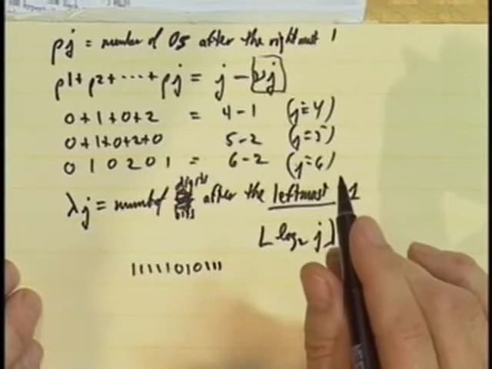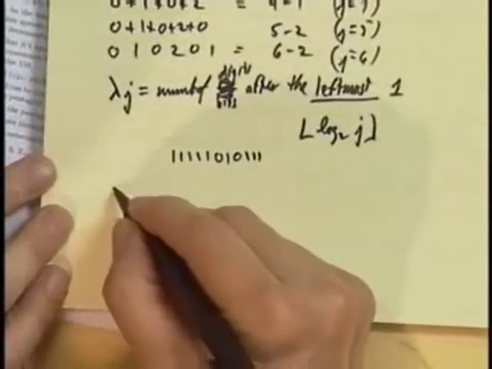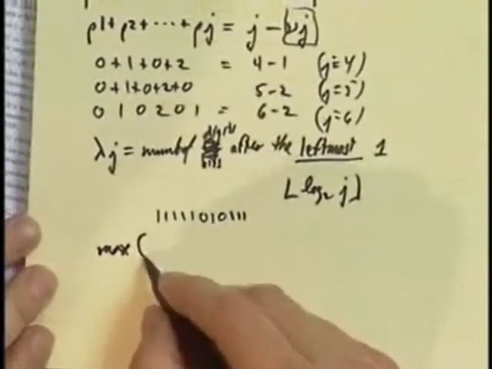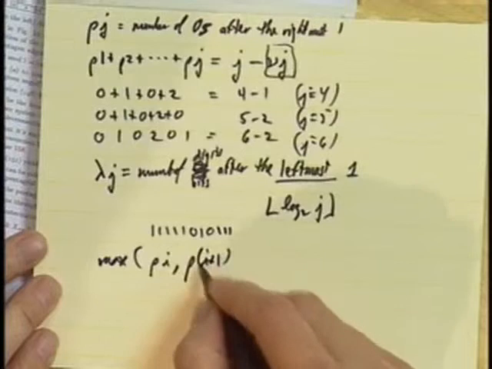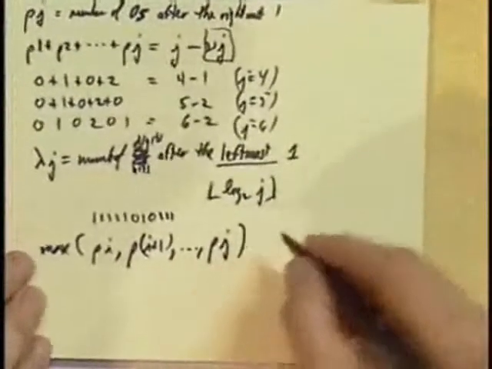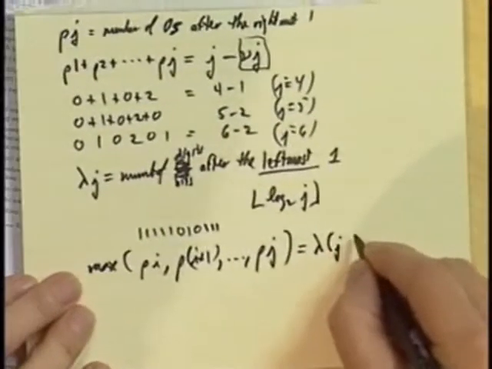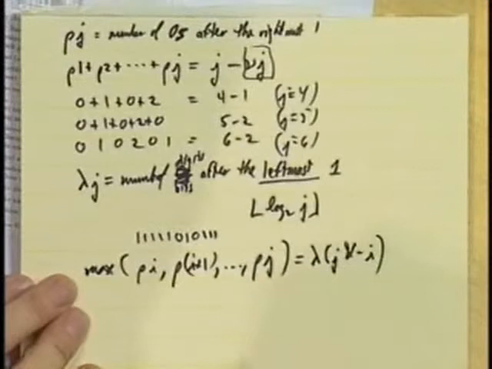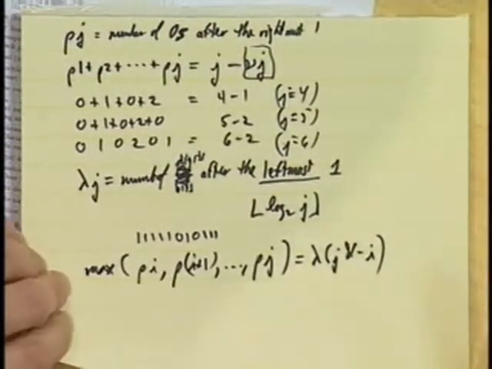I think it was a year ago, and that is this: if we take the maximum of rho of I plus 1 through rho of j, it equals lambda of j and minus I. Don't ask me why such a formula should exist, but it happens that it works out.